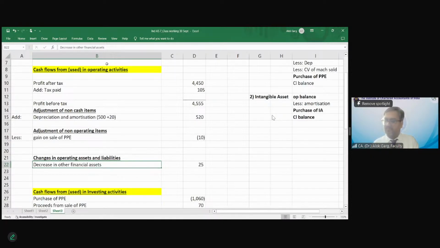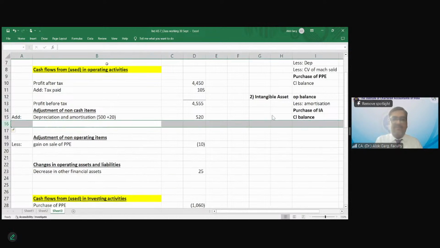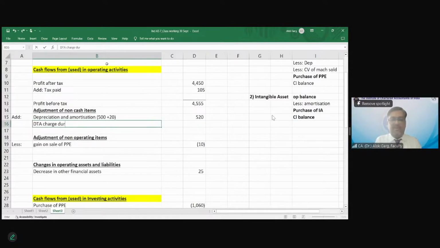So what should I do? Increase in DTA, it's a non-cash item and I have to adjust above, right? DTA charge during the year. There is an increase in DTA. My opening balance was 750 and closing balance is 855.